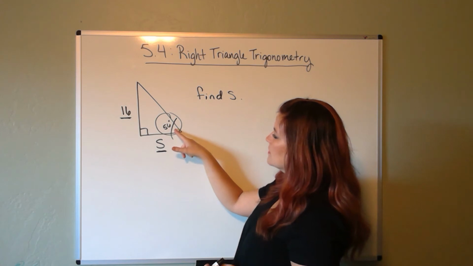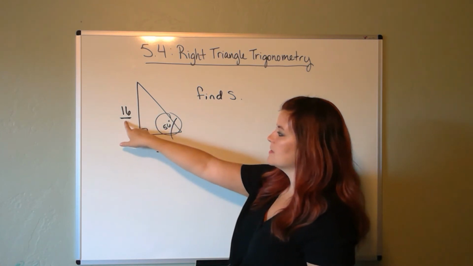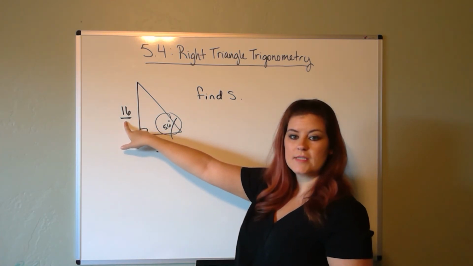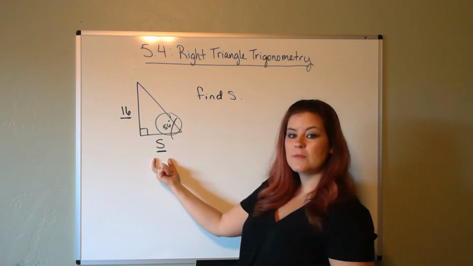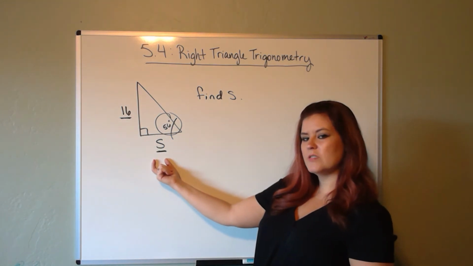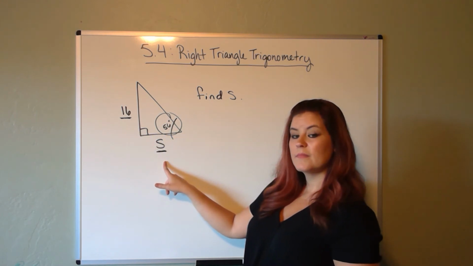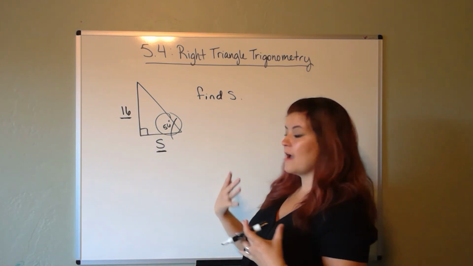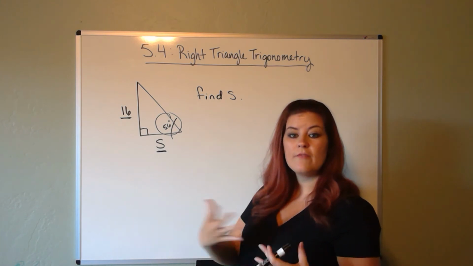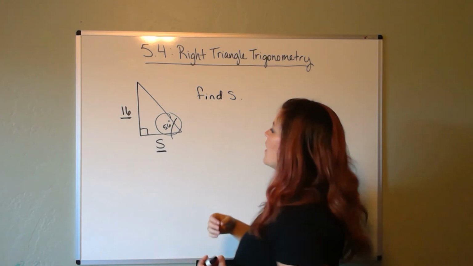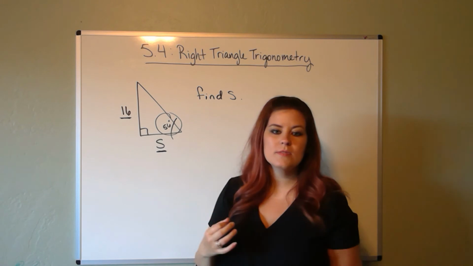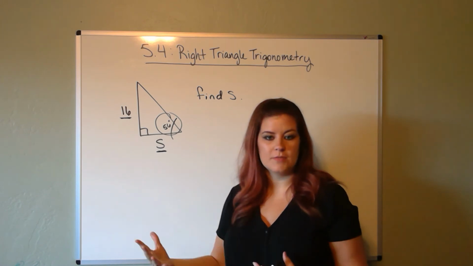You guys, this side is opposite of 56, right? And the S, what I'm looking for, is adjacent. Do I have a ratio that includes opposite and adjacent? I do. Now, I have tangent and cotangent. They both have opposite and adjacent in there. When in doubt, choose tangent over cotangent.